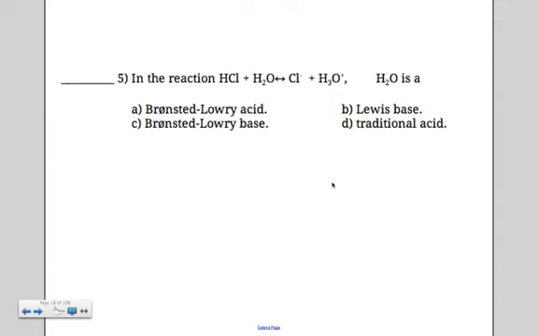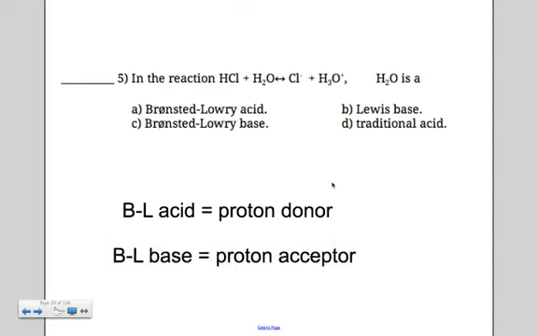In the reaction, HCl, hydrochloric acid, plus water produces chloride ions and hydronium ions. H2O is a what? Bronsted-Lowry acid, Bronsted-Lowry base, Lewis base, traditional acid. Well, a Bronsted-Lowry acid is a proton donor. It gives up a proton or a hydrogen. A Bronsted-Lowry base is a proton acceptor, so it's going to gain a proton.